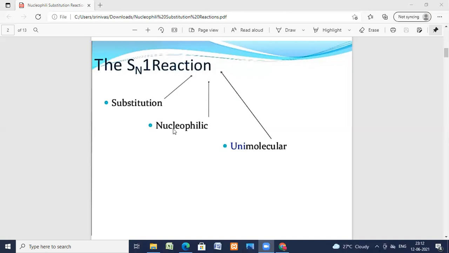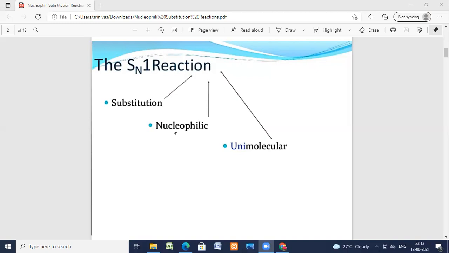So the reaction involves replacement of the halogen by another nucleophile. The atom or group which approaches the alkyl halide is called the entering group, and the one which leaves the molecule with the bond pair of electrons is called the leaving group. And the overall reaction is called nucleophilic substitution reaction.